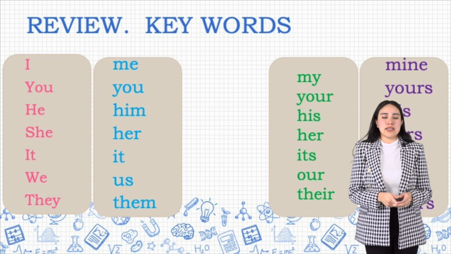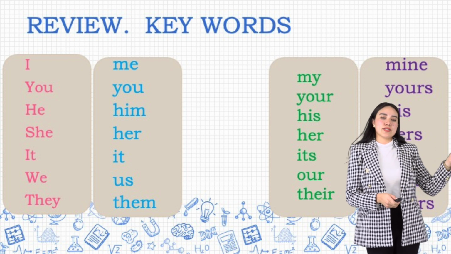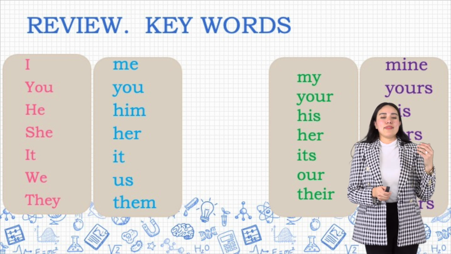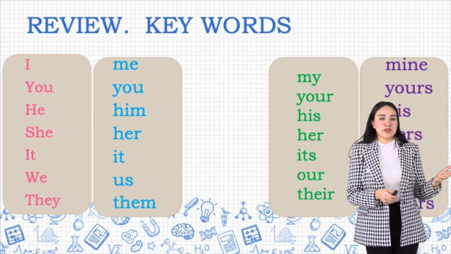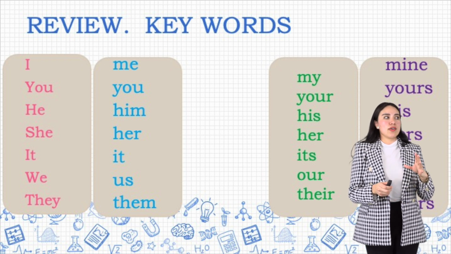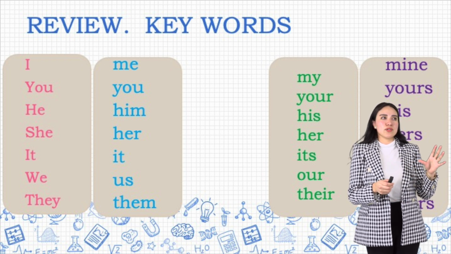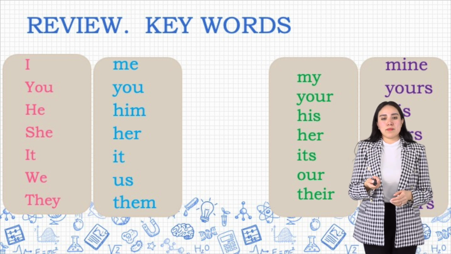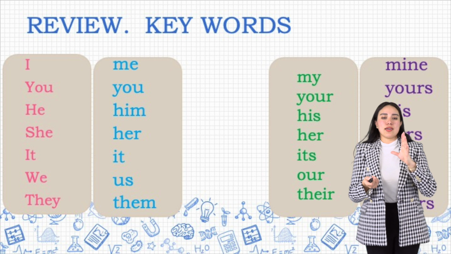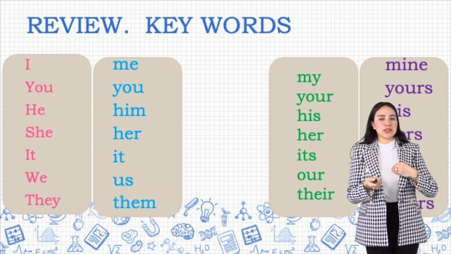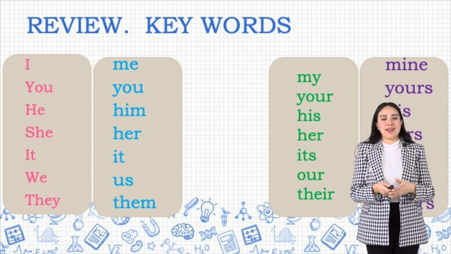We have these keywords and we have the first column. We have I, you, he, she, it, we, they. And we're gonna use these when we mention that this person is doing an action. And the following column, remember that we're gonna use this kind of words when another person is receiving an action.